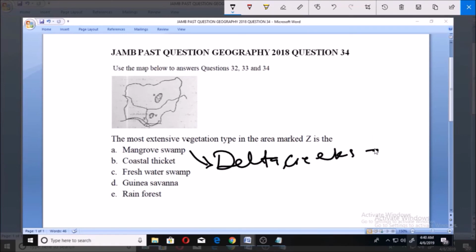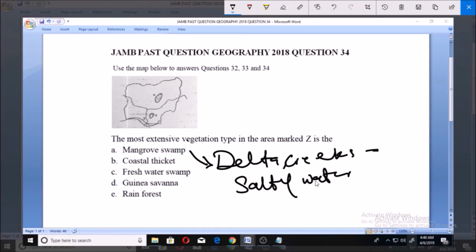The waters here are salty. It is not fresh water, and it has no natural forest vegetation apart from the presence of water hyacinth, which tends to occupy the surface of the water.